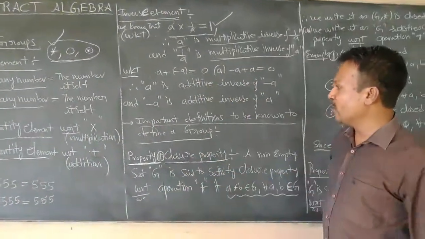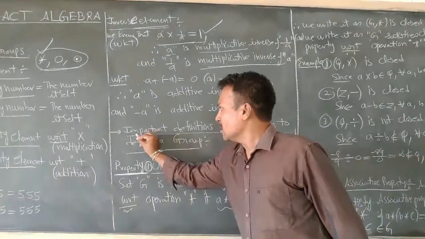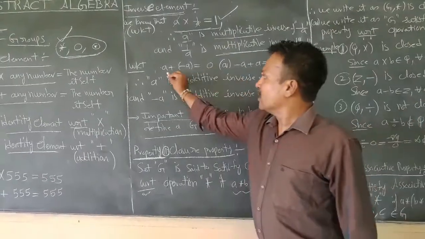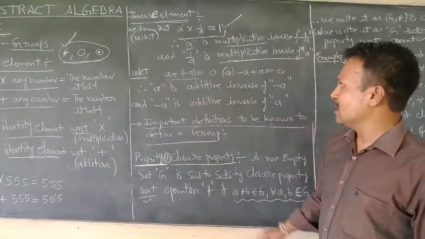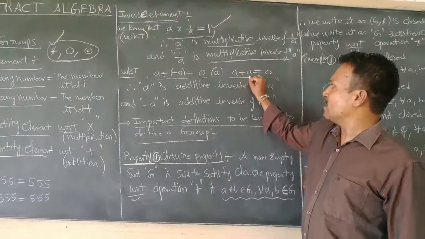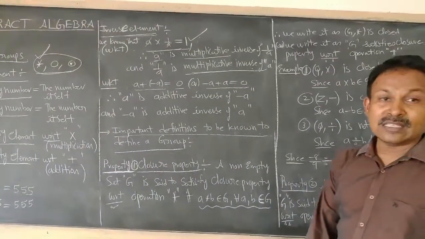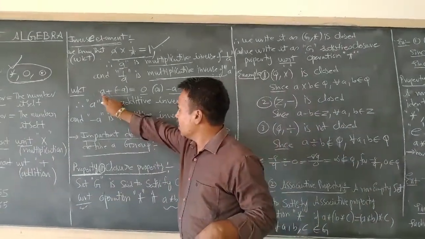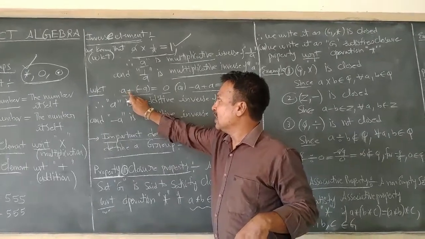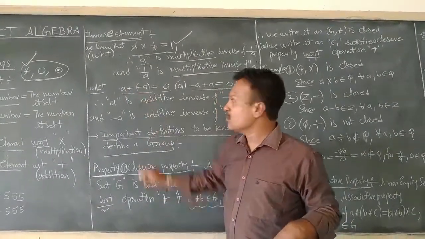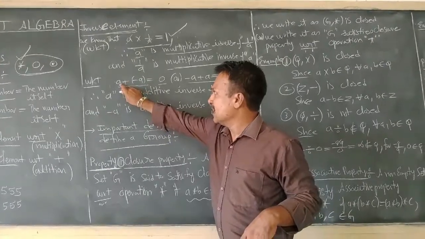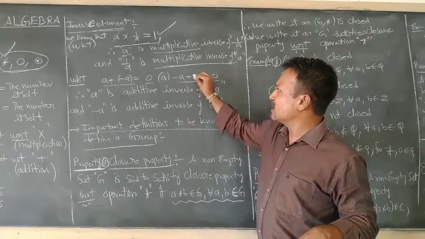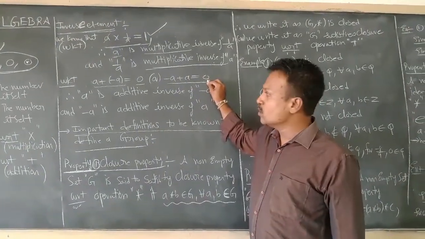Right. Next, if we go to the next example, that is a plus (−a) is equal to 0, or −a plus a is equal to 0. It is the second example, for additive inverse. So we know very clearly that a plus (−a), plus of minus gives minus, a − a is 0, or −a plus a gets cancelled and it gives the resultant value 0.